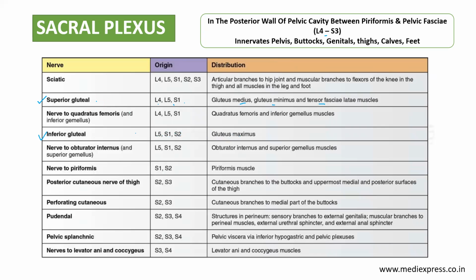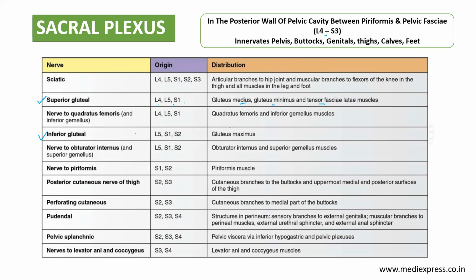The reason behind being called superior and inferior gluteal is because the superior gluteal nerve leaves the greater sciatic foramen superior to the piriformis muscle and the inferior one goes inferior to the piriformis muscle. That is the difference. So, superior gluteal supplies the gluteus medius, minimus, and tensor fasciae latae. Inferior one supplies the gluteus maximus muscle.